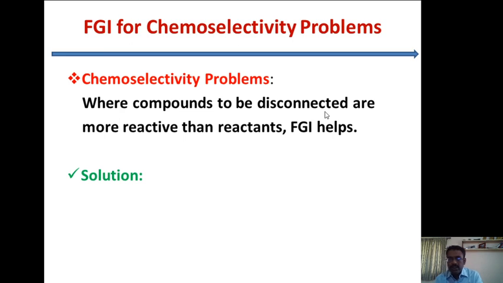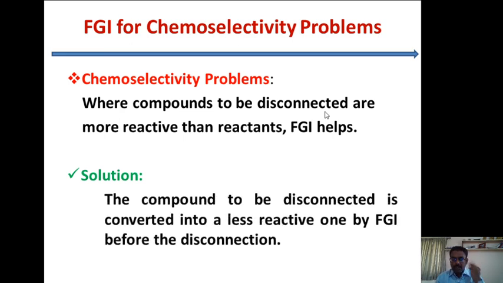How do you use it? First you have to convert the compound you are going to disconnect into a less reactive one, by functional group interconversion, before you do the disconnection. Last class we saw that when two reactive centers are already there, we find out which one is more reactive and disconnect that first.